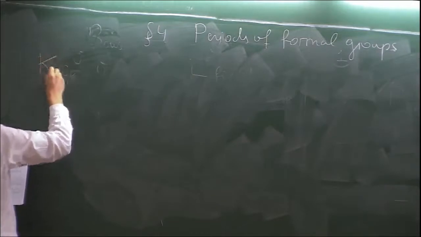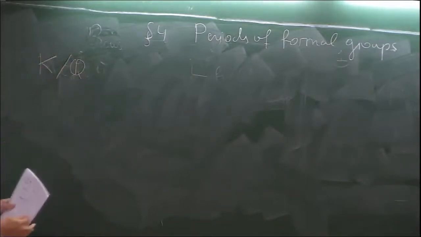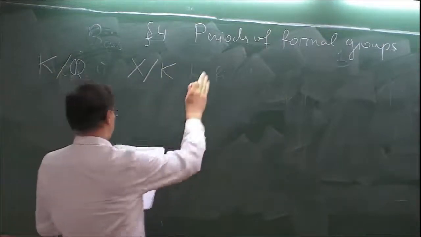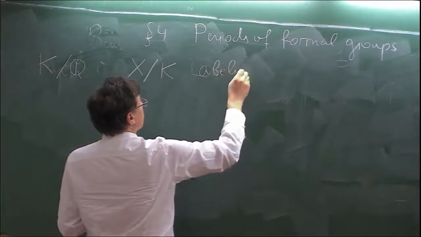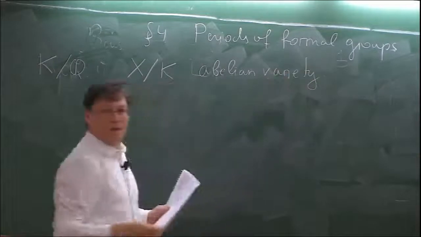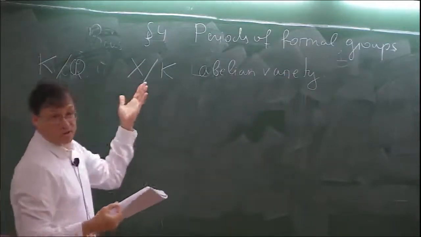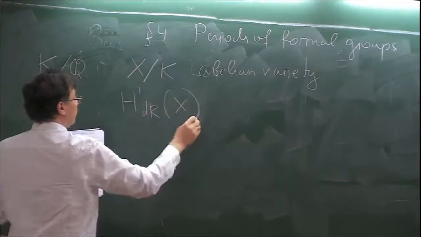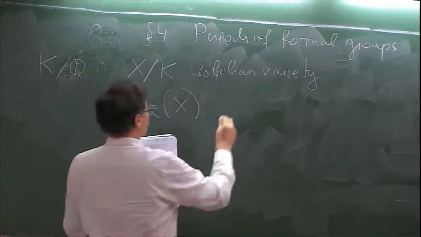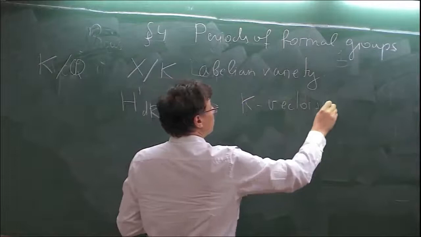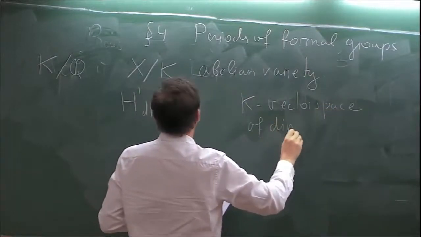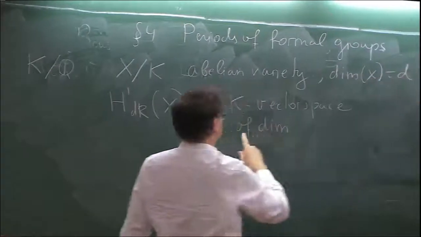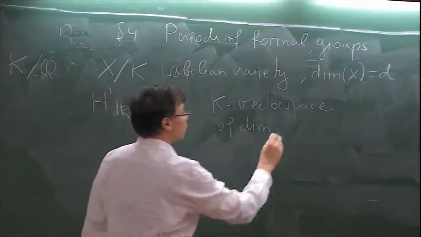Consider first some K, for example, some number field K. And we consider an abelian variety X over K. And we will consider the complex structure on X. So we consider the usual de Rham cohomology of X over K. So this is a K vector space of dimension, so if X is of dimension d, H^1 de Rham is of dimension 2d.